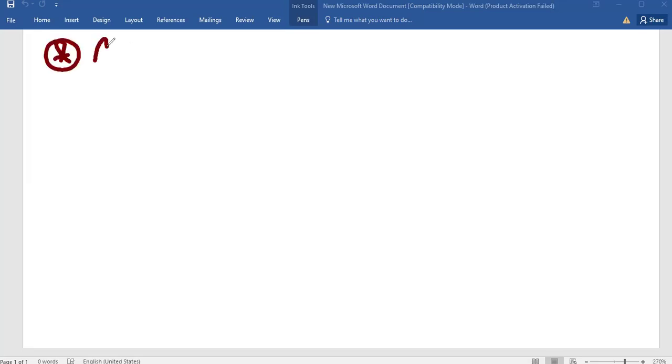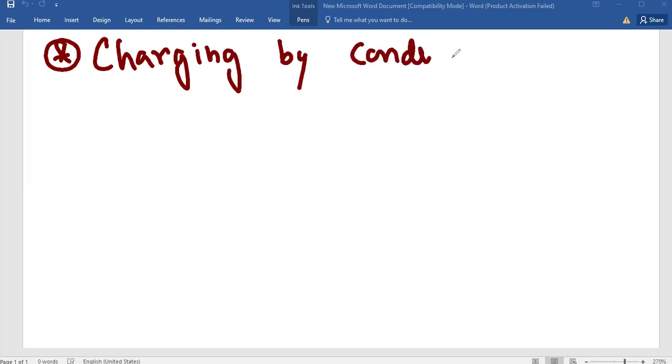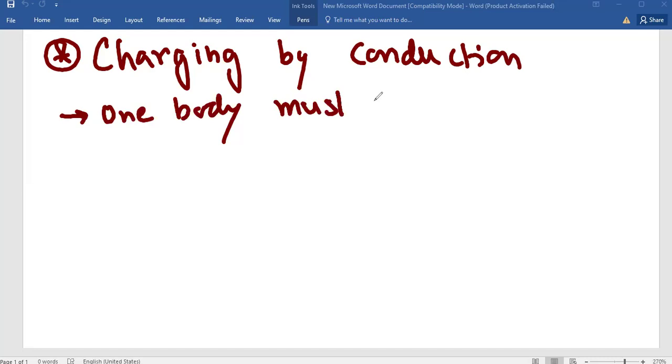So, charging by conduction. Here one body must be charged. In the previous method, both bodies were neutral.